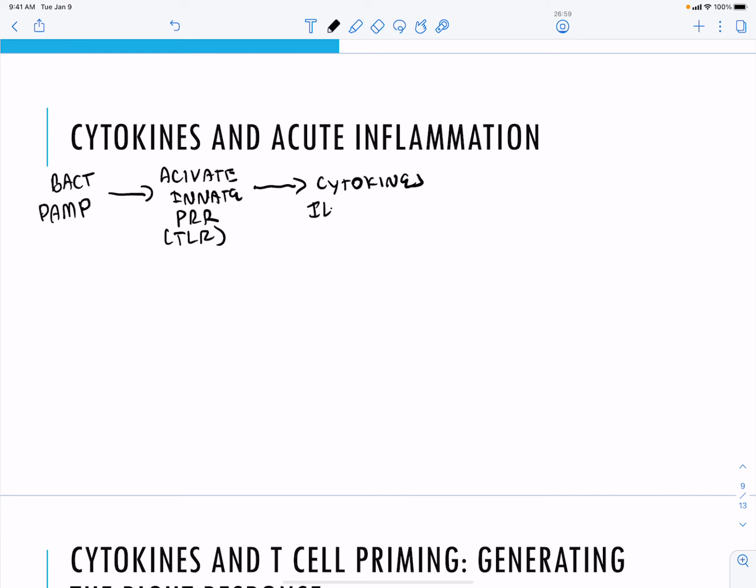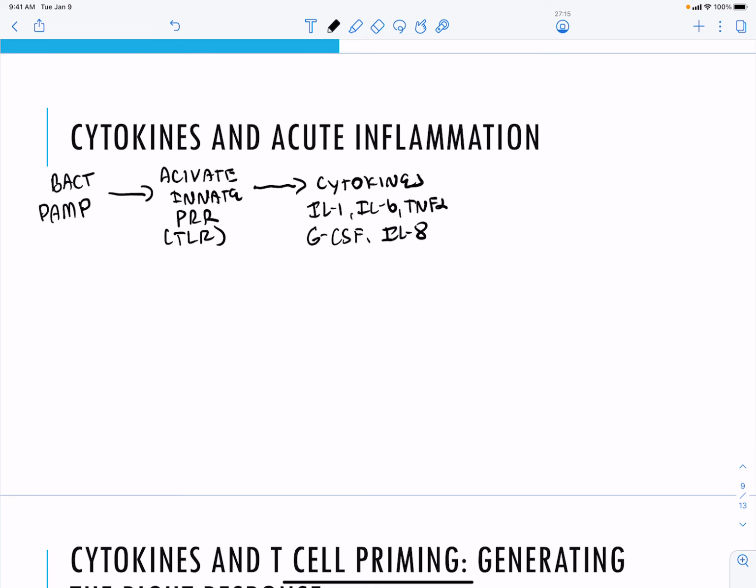We have our acute phase cytokines, IL-1, IL-6, TNF-alpha. We have our granulocyte colony stimulating factor for neutrophils. We have our IL-8 to recruit neutrophils.